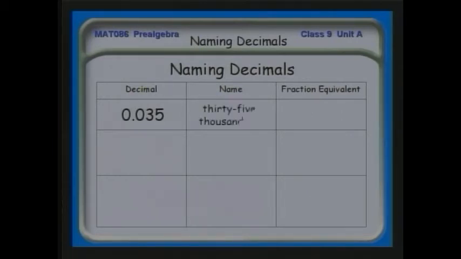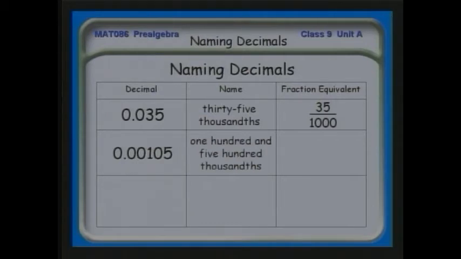0.035. We have to be careful here because now you see we have 3 places after the decimal. That tells us it's thousandths. We have no tenths, so we have that 0 there as the placeholder, and we have 35 thousandths. This is a hard one, and it's 105 hundred thousandths. How do we know it's hundred thousandths?